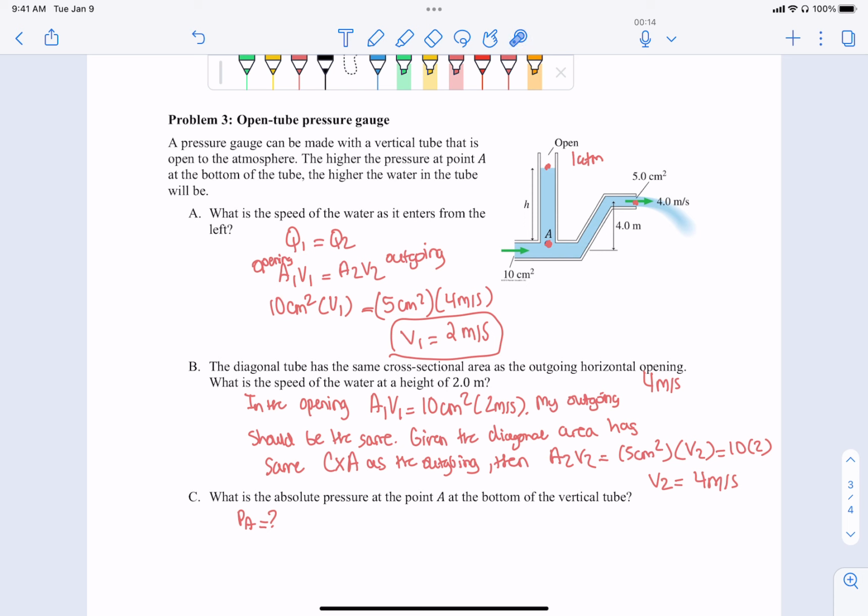So we could think about this part right here, and we do have a lot of information about this area.